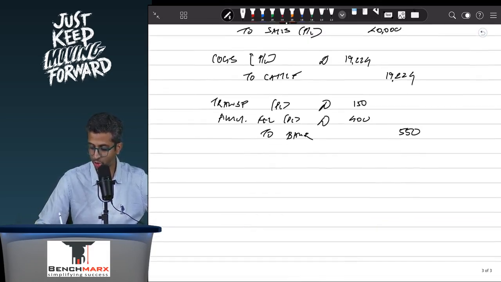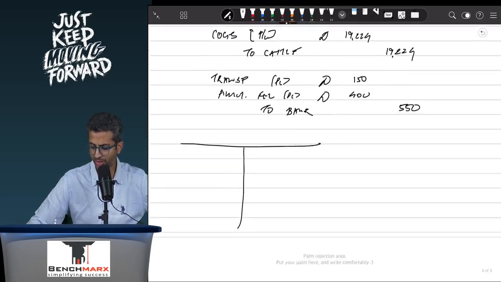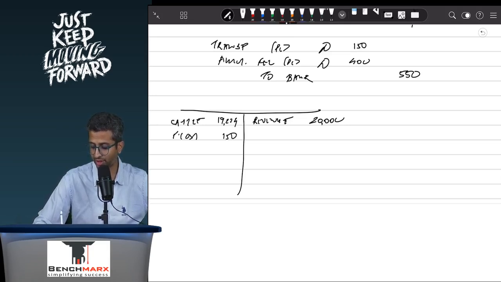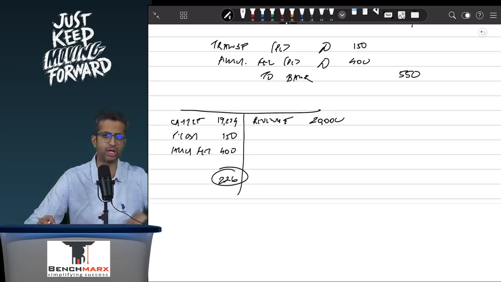So from your perspective, there will be sales, that is revenue, booked at 20,000. Then there will be cattle transferred as part of the COGS at 19,224. Then transportation cost of 150 and auctioneer fee of 400, and hence there will be a balancing figure, which is, by the way, 226, which is the same.